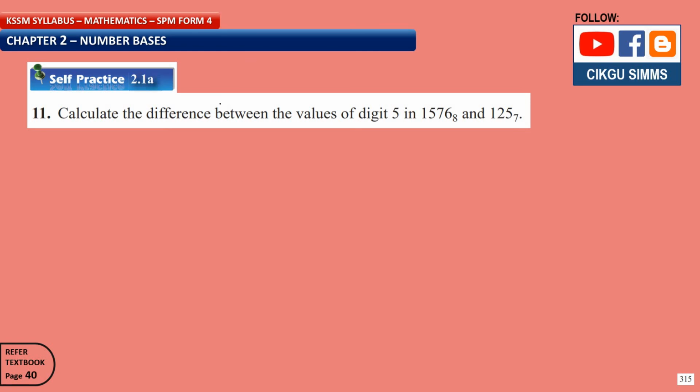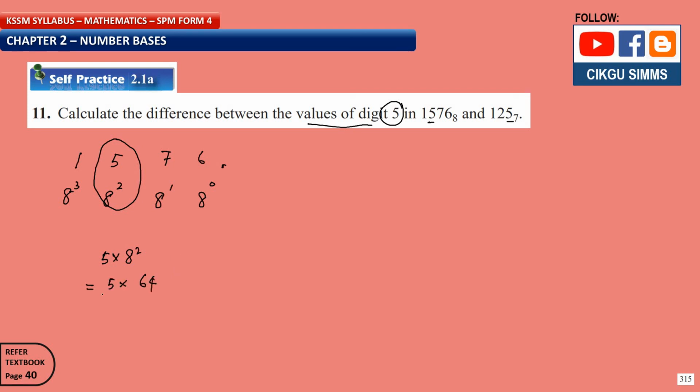Okay, so question 11, calculate the difference between the value of digits 5 in this one and this one. So first, 1576 base 8. So 8, 8, 8, 8, so 0, 1, 2, 3. So your first digit value is 5 times 8 squared, which is 5 times 64, which is 320.